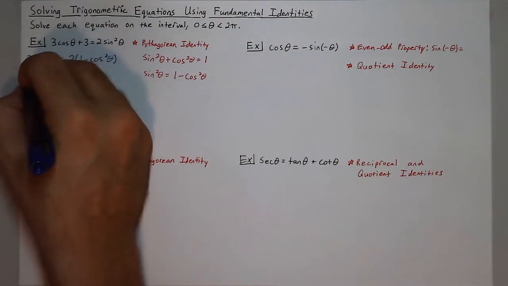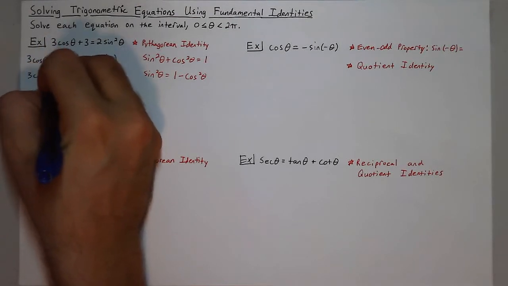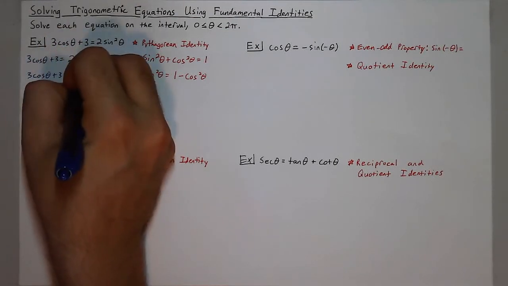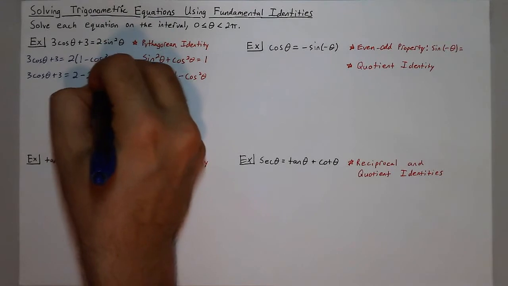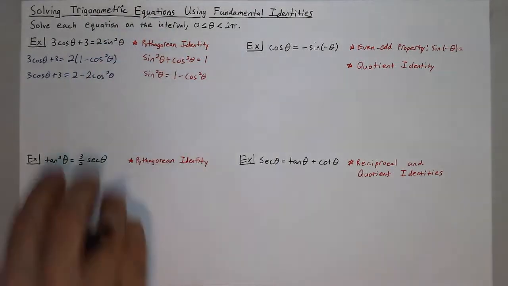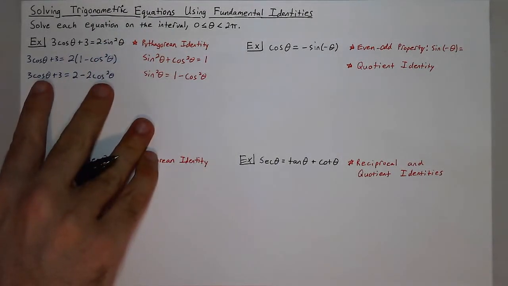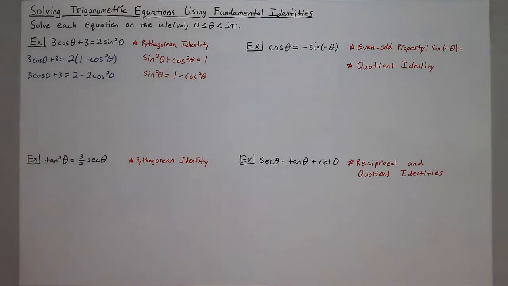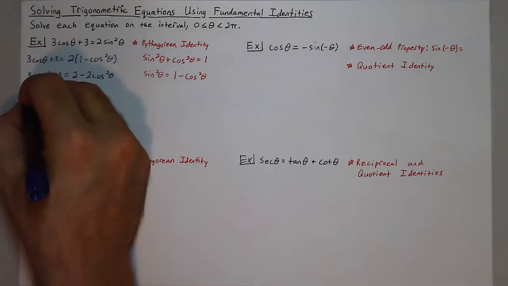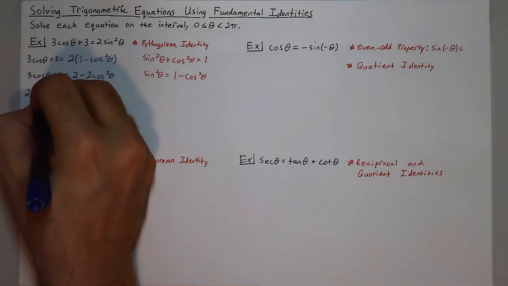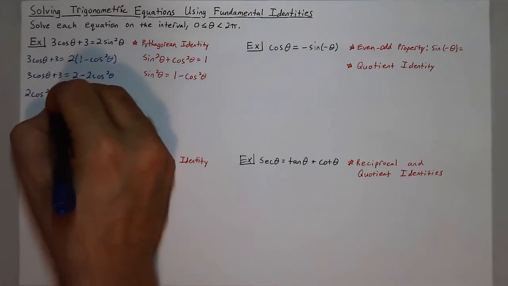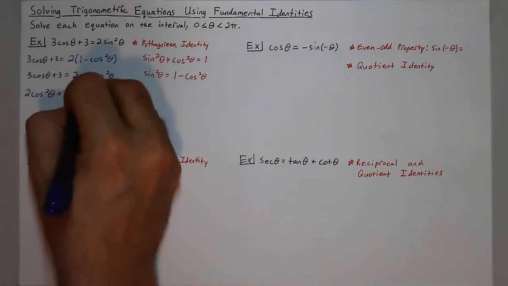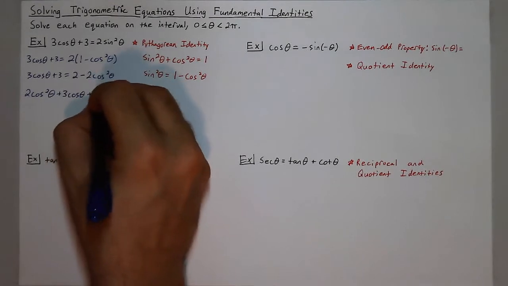Distributing that 2, I have 3 cosine of theta plus 3 is equal to 2 minus 2 cosine squared of theta. And now I'm trying to get a quadratic equation. So if I move everything over to the left side of my equation, I can rewrite this as 2 cosine squared of theta plus 3 cosine of theta plus 1 is equal to 0.